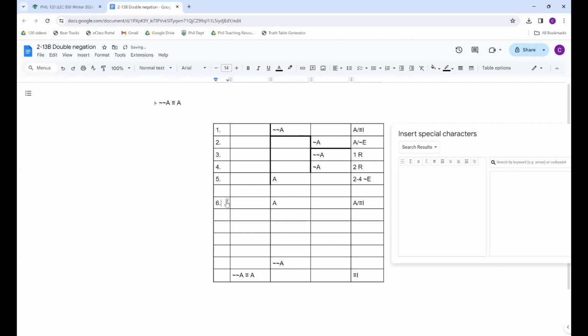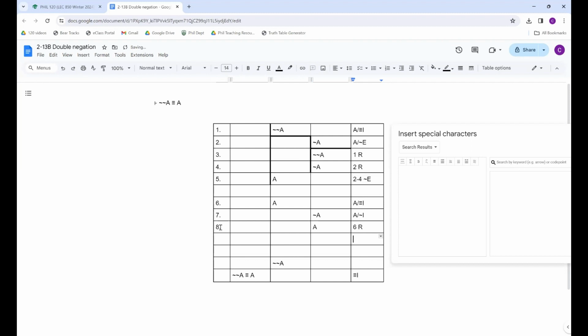Now the next subderivation is going to be pretty much the same as that one. Starting off with this assumption, this is just a doubly negated sentence letter, and we're going to get it the same way. This time we're going to assume not A and use negation introduction. We're just going to do the same thing. We're just going to reiterate these two sentence letters in.